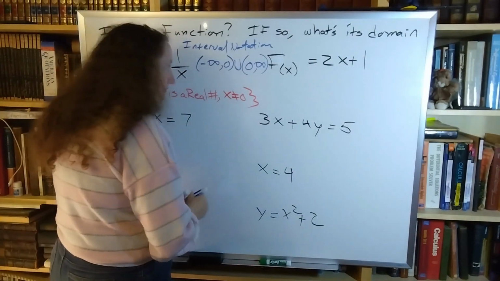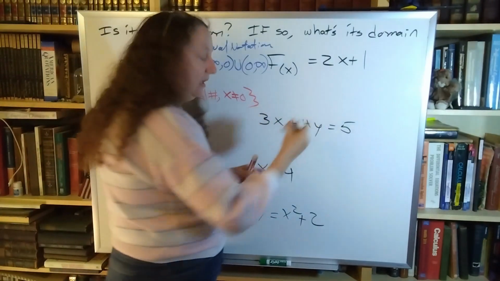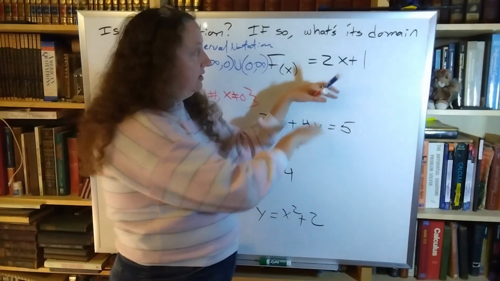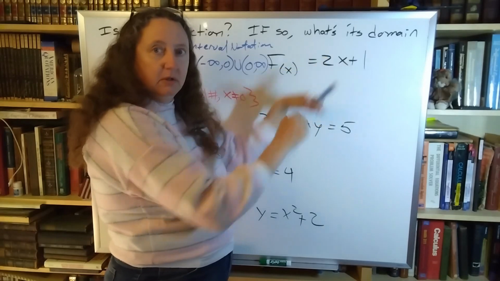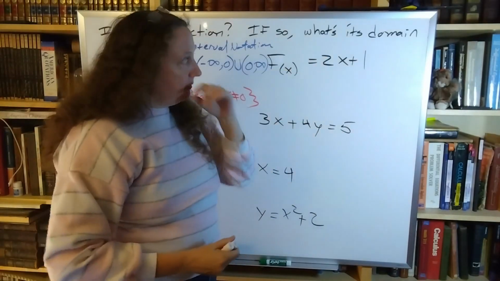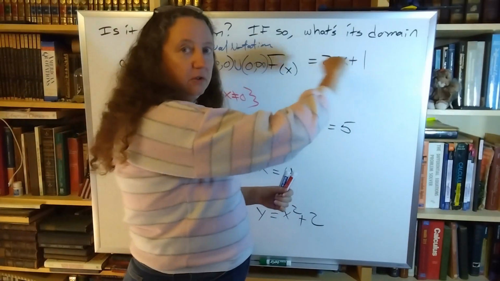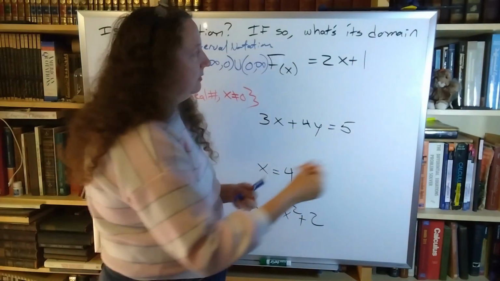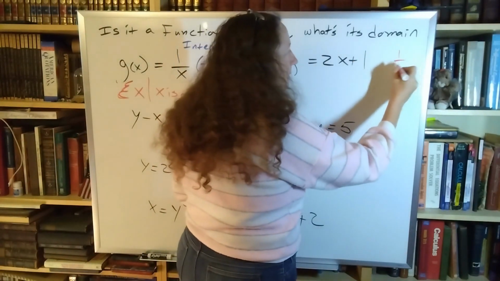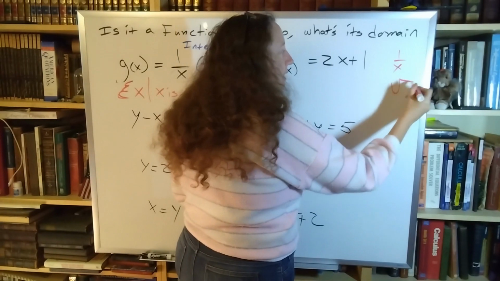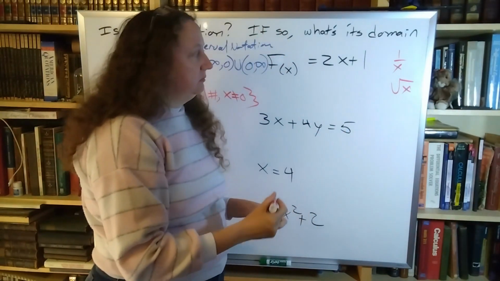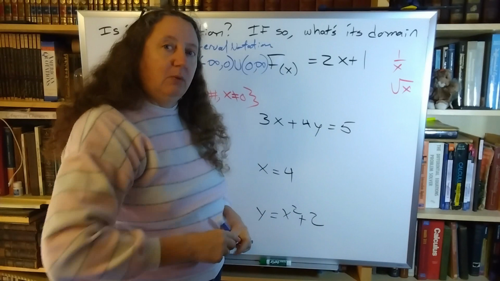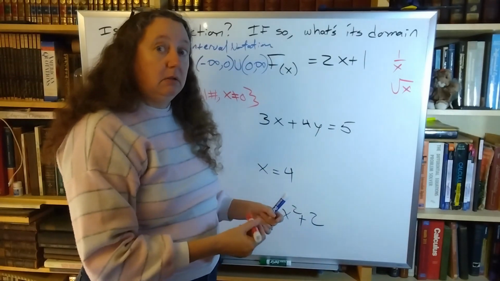I look at this and I say, x is not in the denominator of a fraction, so I don't have to worry about that. x is not under the square root sign. Is there anything else that would limit it?